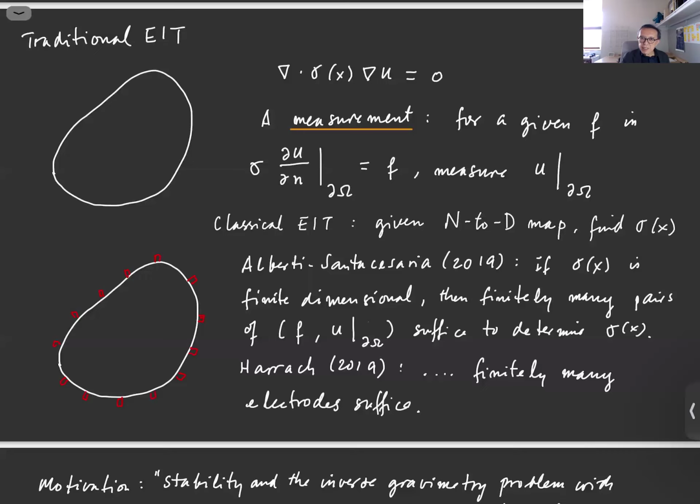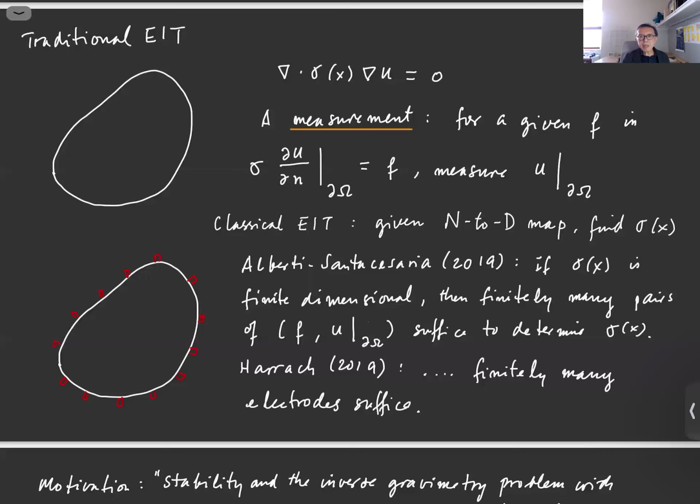There was work in 2019 by Alberti and Santacesaria, in which they proposed that if sigma, the conductivity, can be represented with a finite number of unknowns, then finitely many pairs of F and boundary values of U at the boundary suffice to determine sigma.